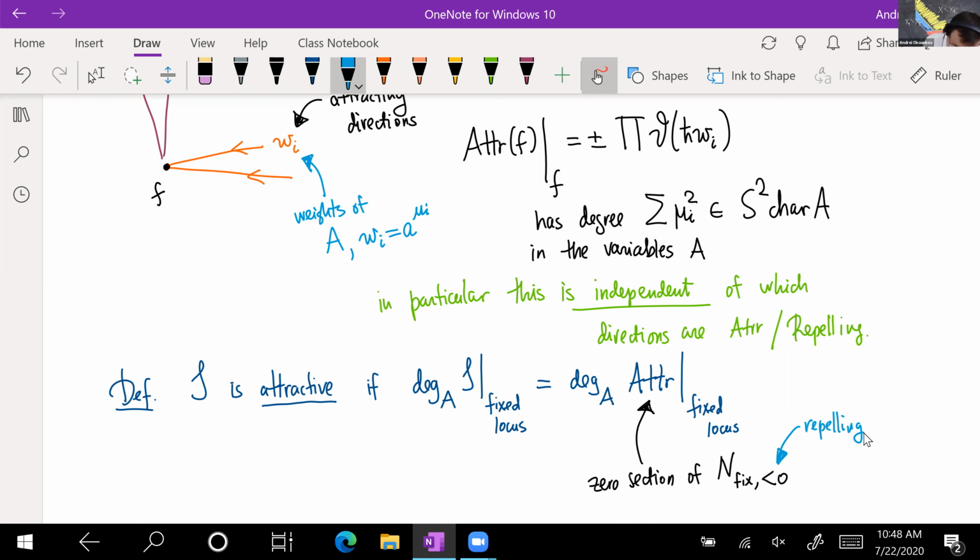So this means that we can continue this equality as the same as the degree in A of the theta bundle of this normal bundle to the fixed locus.